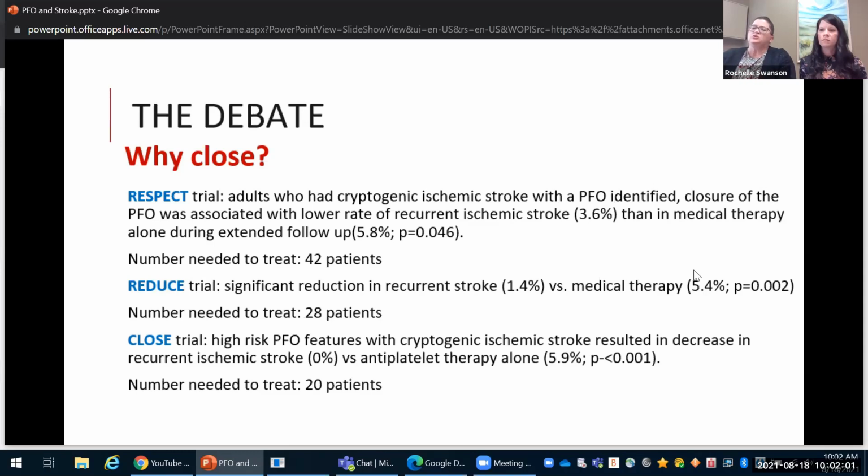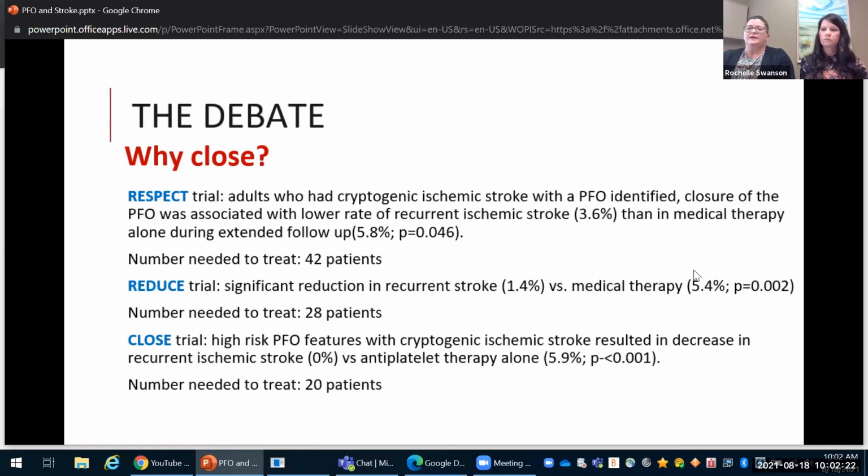So the RESPECT trial looked at patients who had cryptogenic ischemic stroke. So again, these are ischemic strokes, so they had a blockage, but we could not identify why they had that stroke. But throughout the workup, they found that they had a PFO.